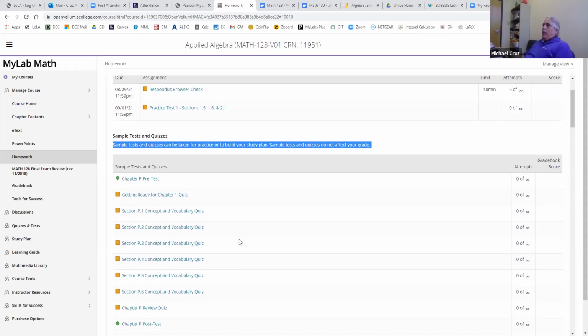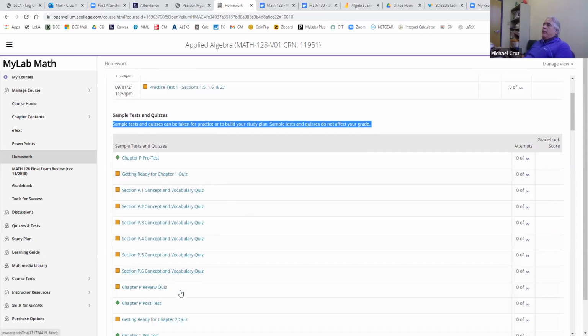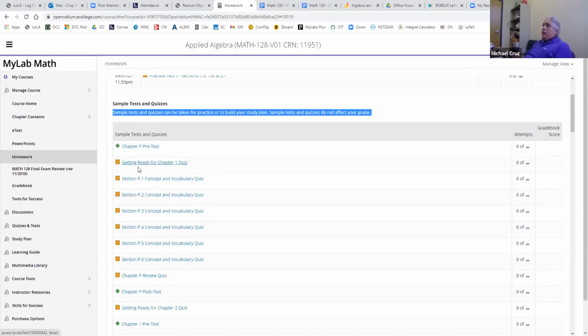The way this works has to do with what they call the study plan. The study plan is something built into MyMathLab to help you find out what you don't know and concentrate on it. So you can take this pretest, see what you know, then go through and do these things here, and then the review quiz, and all of these things in between.